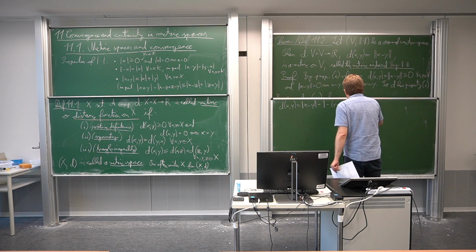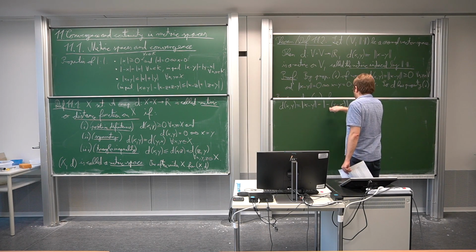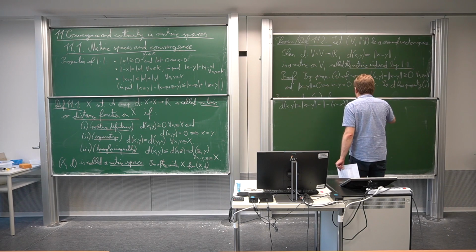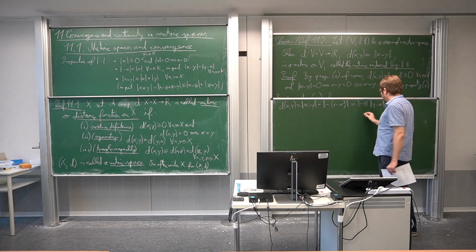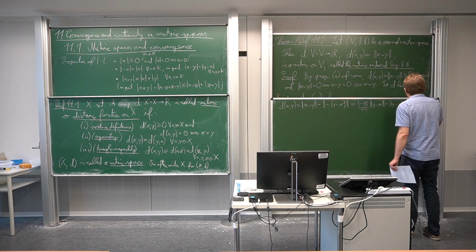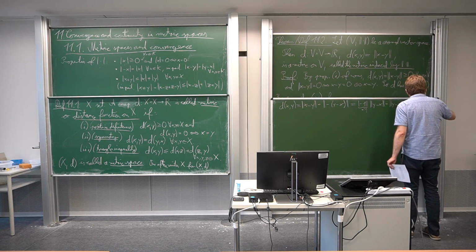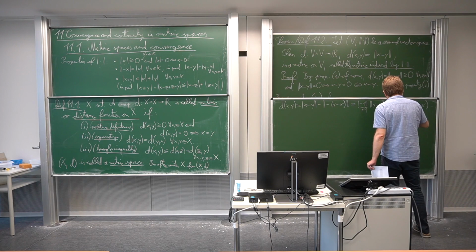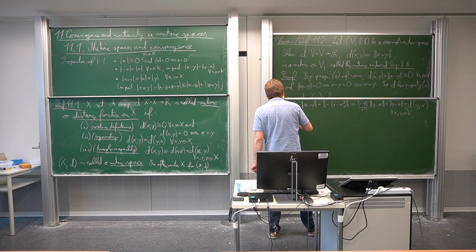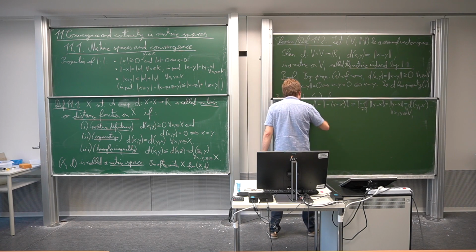Now by this norm property, this is minus 1 times this, so the result is the absolute value of minus 1 times the norm of y minus x, and this is, of course, 1. So this is the norm of y minus x, and by definition of this metric, this is d(y, x), and this holds for all x, y in V. So d has property 2 as well.